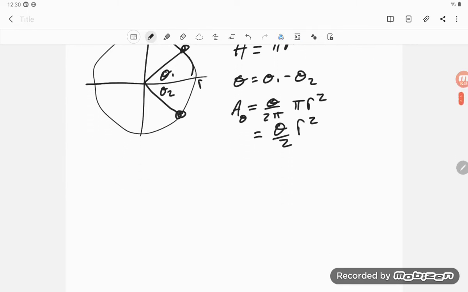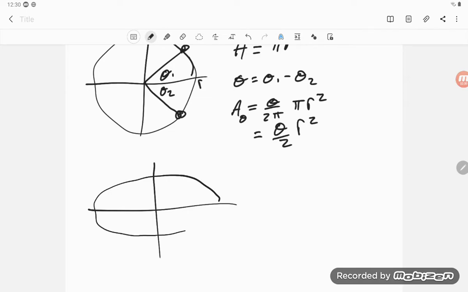So now if you go to an ellipse, we'll draw it this way for right now. So we'll call this lambda 1 and this lambda 2 for the distance to these axes.